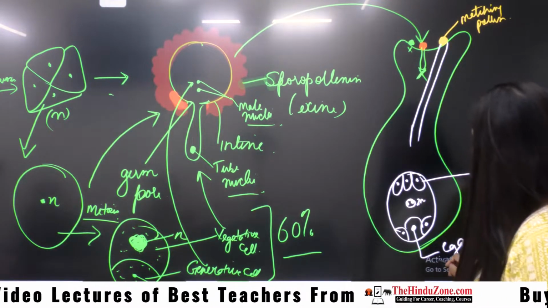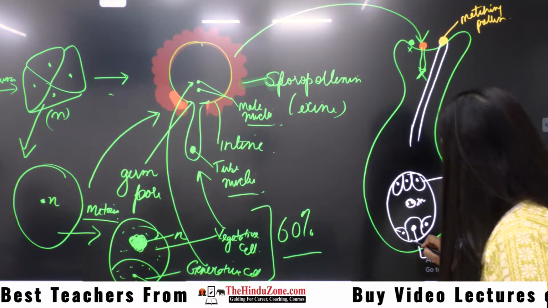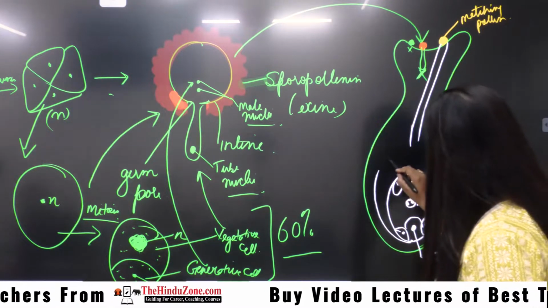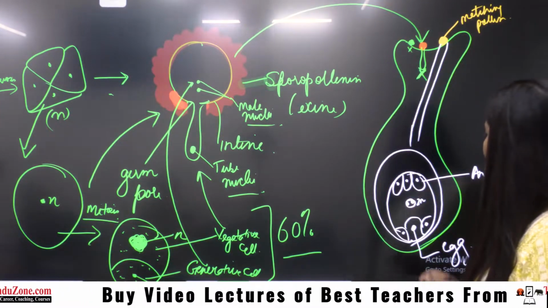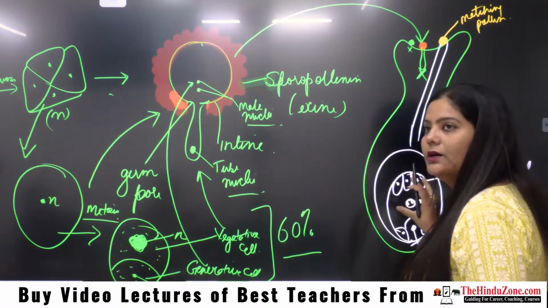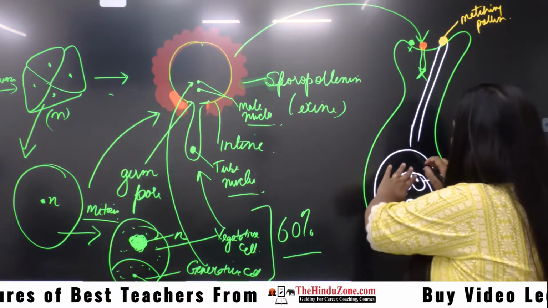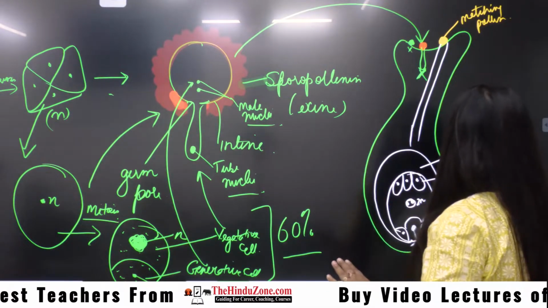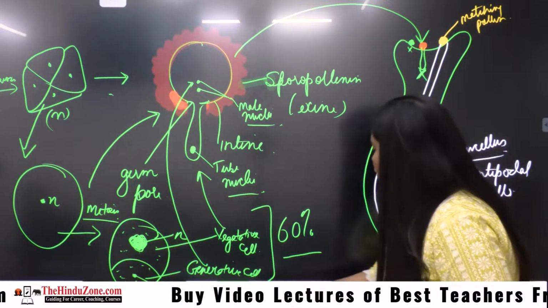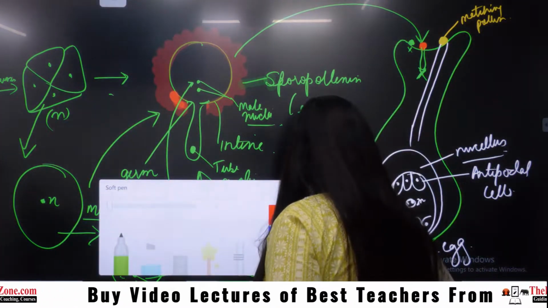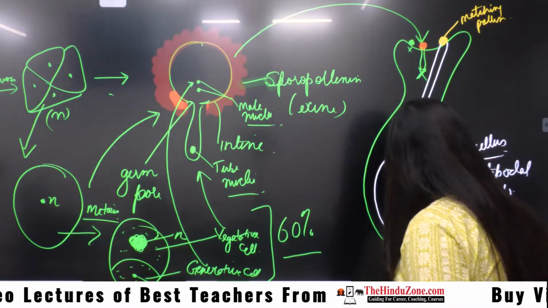Okay? This whole embryo sac looks something like this, the part of the embryo sac which is formed from this, and this overall part we are still calling the nucellus. This whole nucellus and this embryo sac are part of an ovule only.